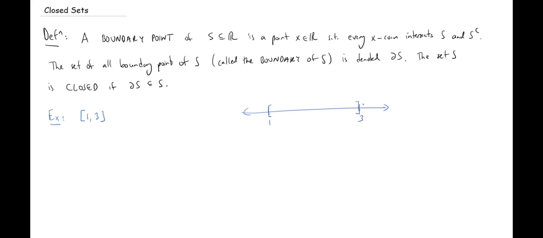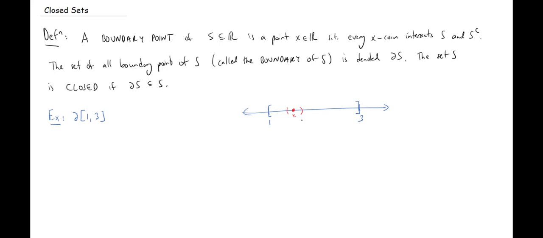So I want to know what are the boundary points of this set. Okay, so I'll put a little partial symbol in front, so I'm asking what are the boundary points. So if I take something from the interior and I put a coin around it, right? So maybe this is my X, and I make a little X coin, you can see that this X coin is completely contained inside 1, 3, so it intersects the interval 1, 3, but it doesn't have any point outside.